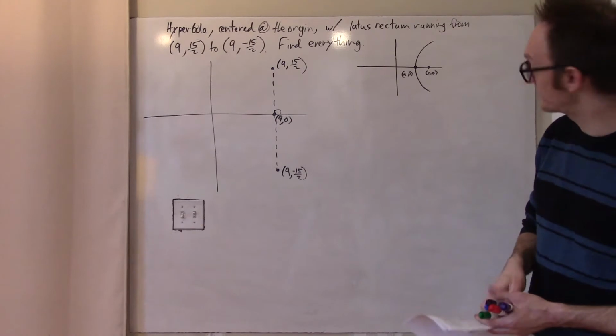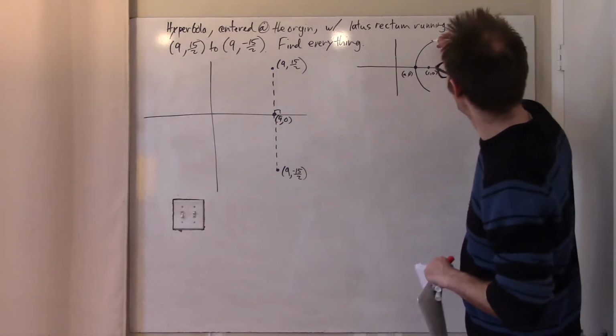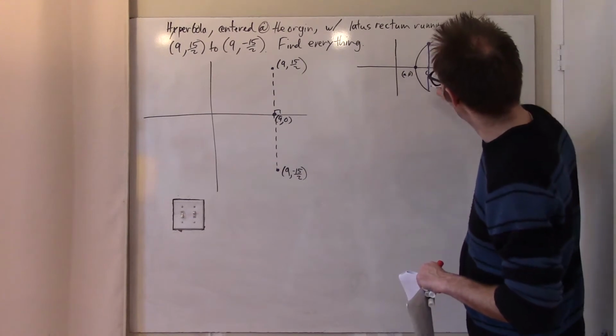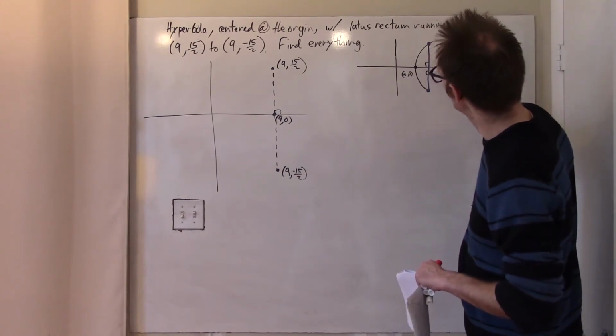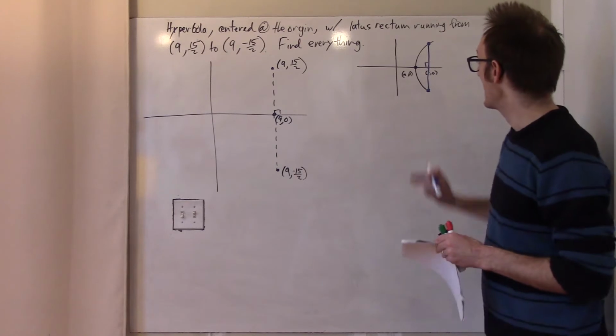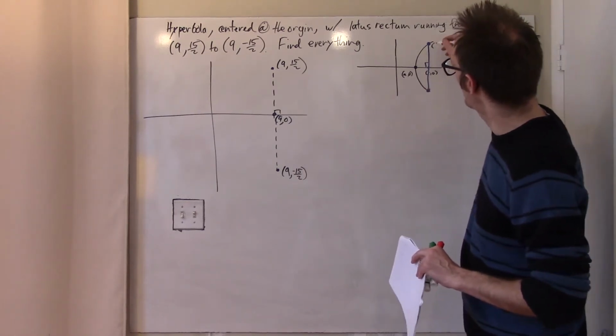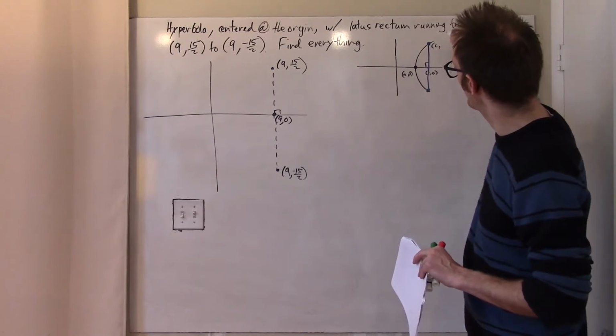So what we're going to do is construct, I'll do it here in blue, this segment. And what do I know about this segment? It's perpendicular to the x-axis, and it passes through the focus. So that means this coordinate up here must be (c, something).